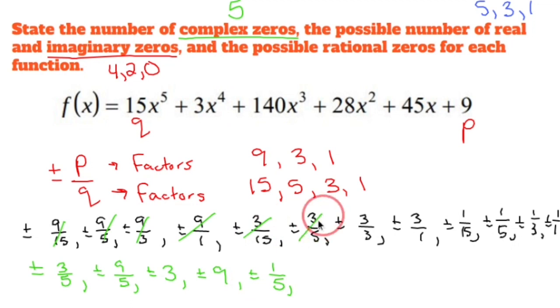Plus or minus 3 over 5, I did already. Plus or minus 3 over 3 is 1. Plus or minus 3 over 1, I did already. Plus or minus 1 over 15. Plus or minus 1/5, I did already. Plus or minus 1/3. And plus or minus 1, I did already.